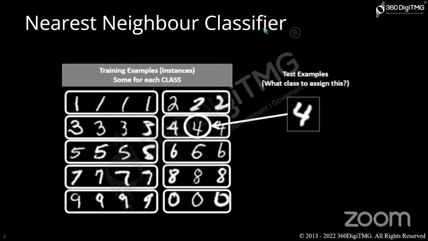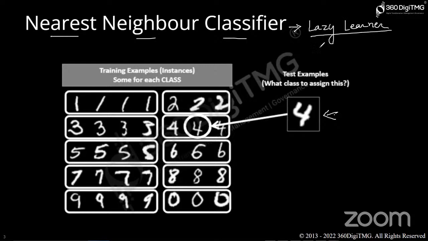So in the nearest neighbor classifier, suppose we are getting an image like this. The KNN classifier is also known as a lazy learner. It doesn't have a training phase, but it does training when it starts testing.